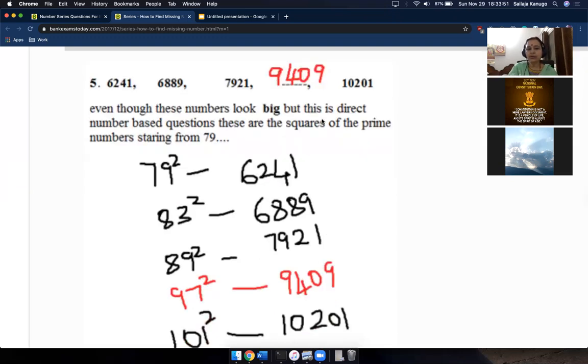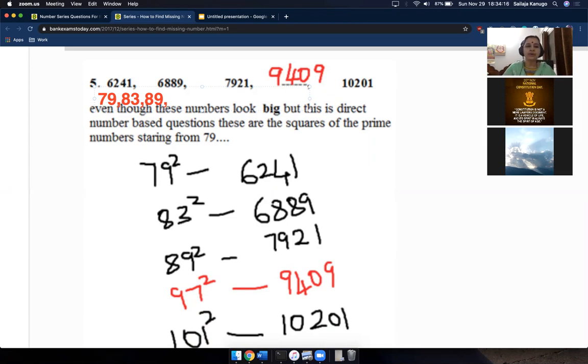So what do you observe between 79 and 83? Now the numbers here are 73, 79, 83, 89, and 97 is not given.